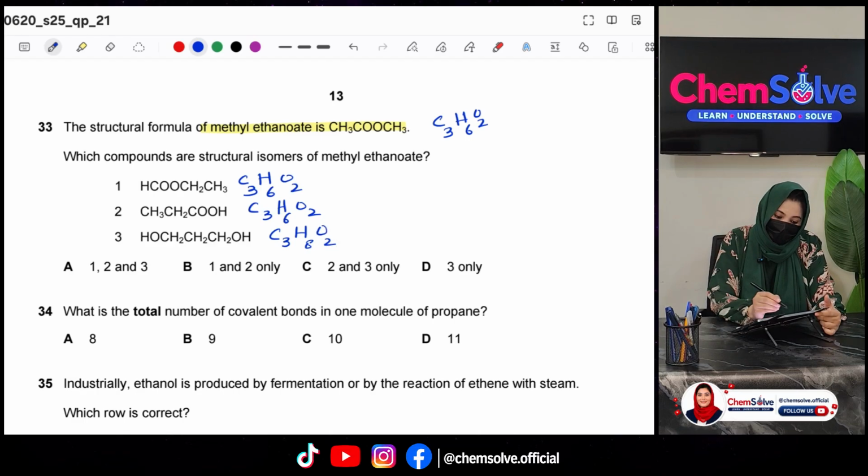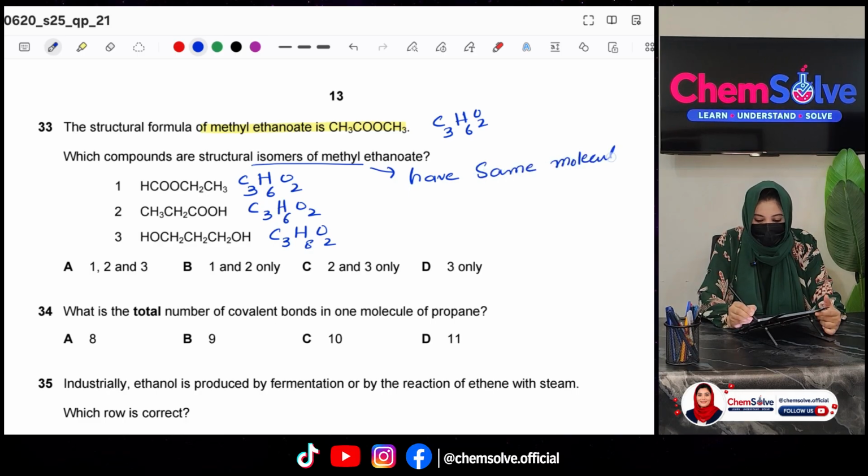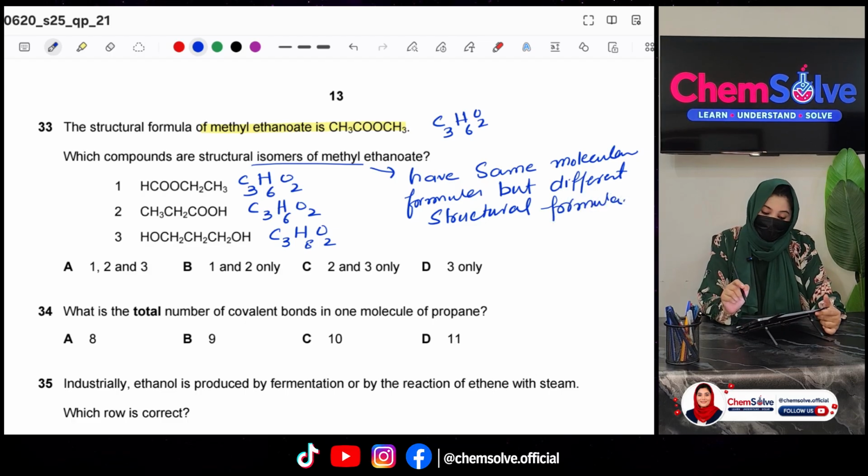Okay, so what are isomers? Isomers have the same molecular formula but different structural formula. The arrangement of atoms is different, but the molecular formula remains the same.